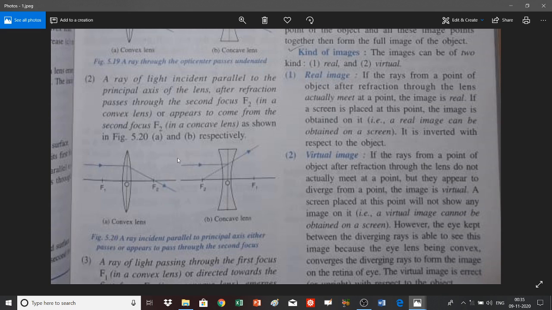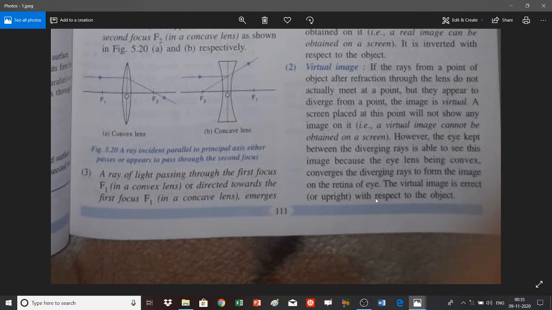So these are the parallel rays, and these will diverge in this direction. If you put your eye in this direction, you will see that these rays are coming out from this point, and here the image is formed. This image is called the virtual image, and it cannot be obtained on a screen.